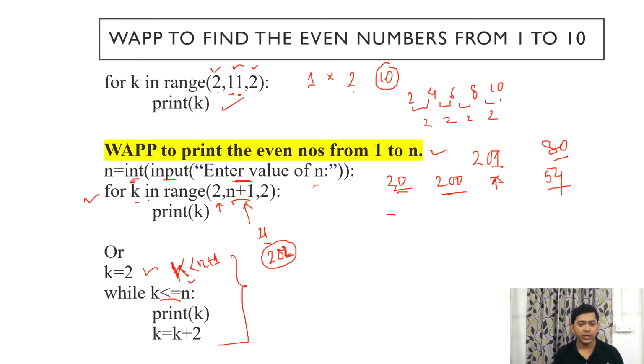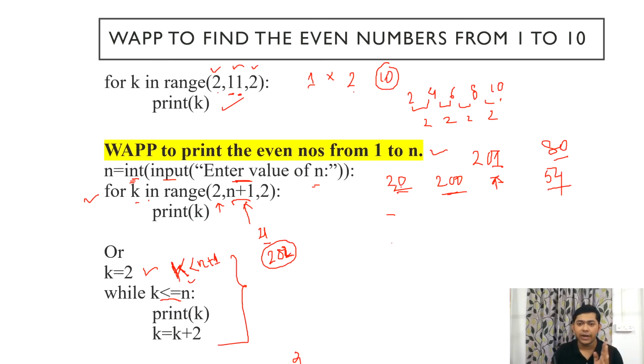Is that clear, everyone? So I hope all the concepts are clear. Here I have explained 2 programs. We'll see more gradually. Now here we can easily solve it, we have started with 2. But if I ask you to find the even numbers, or you can take even or odd numbers, anything, there will be no problem.